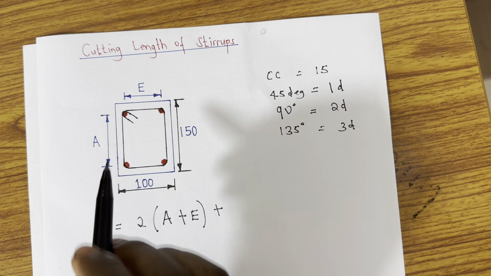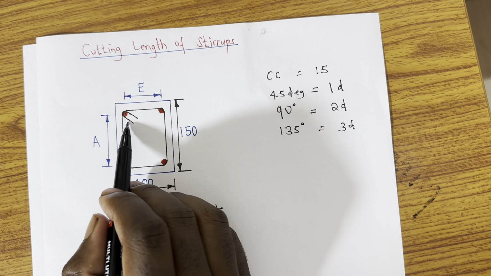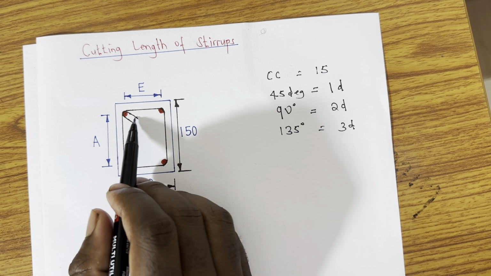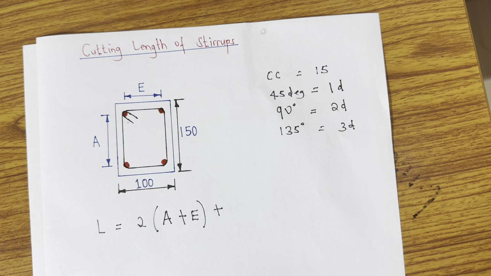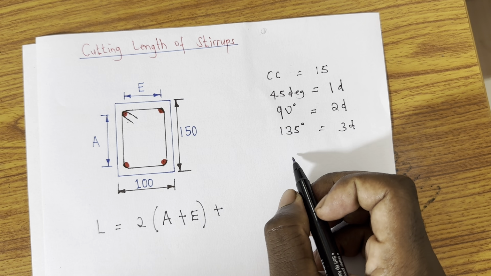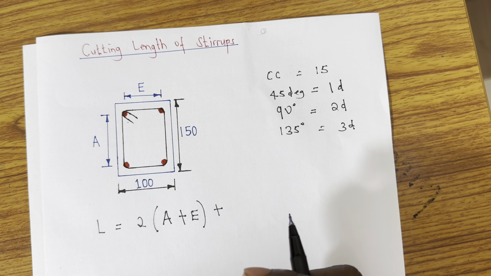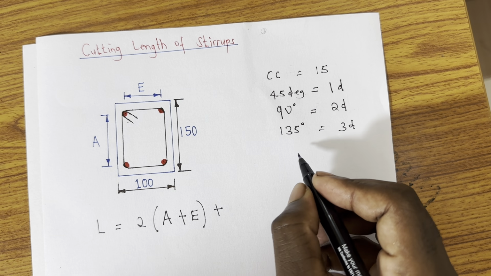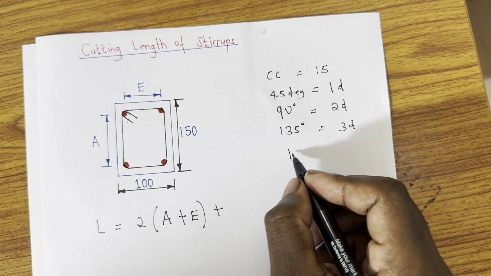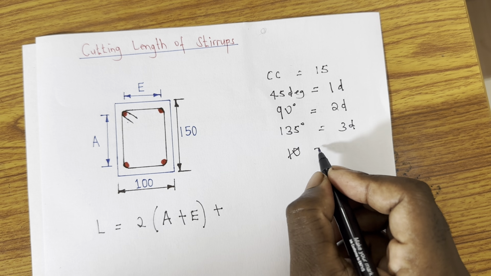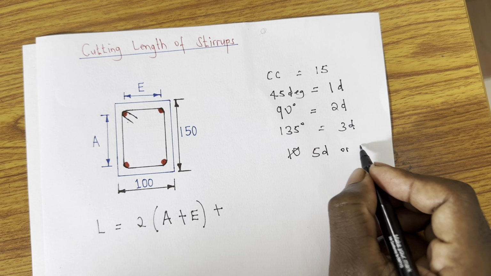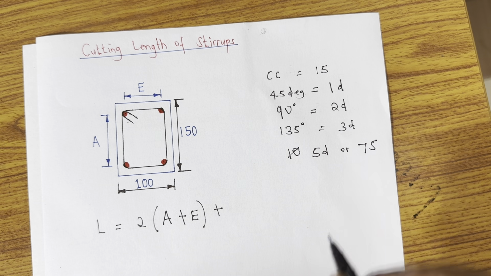The hook length in this case is this one which is protruding inside, these two. Now, what happens is that in some cases other people take it as 10D, okay? But this is a smaller beam and a smaller stirrup, so we're considering hook length to be 5D or 75, okay?